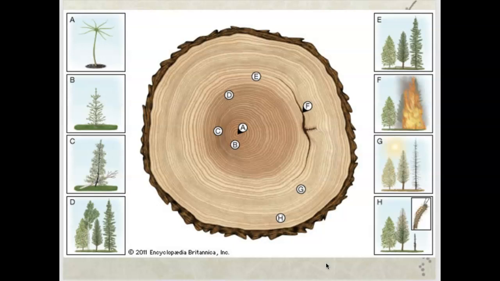So lots of information can be obtained by looking at plants. We can learn about all sorts of environmental factors, what's going on in ecosystems. The goal here is making sure we're a little more comfortable and more knowledgeable about plant structure, plant growth, the tissues associated with it, and how we use these things for our welfare.